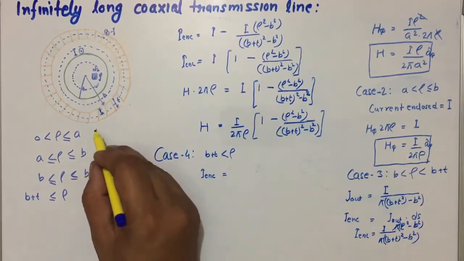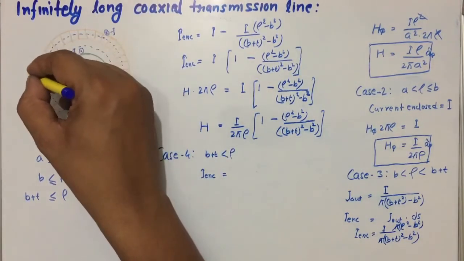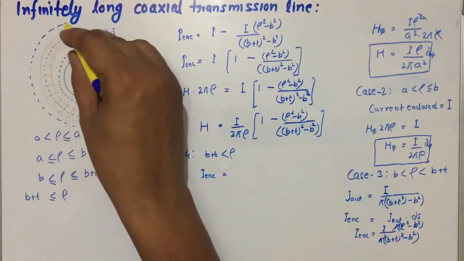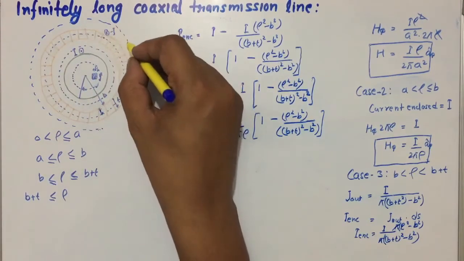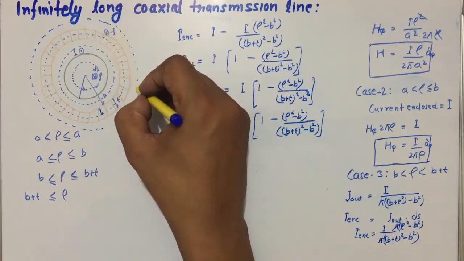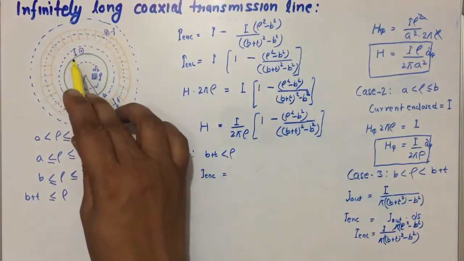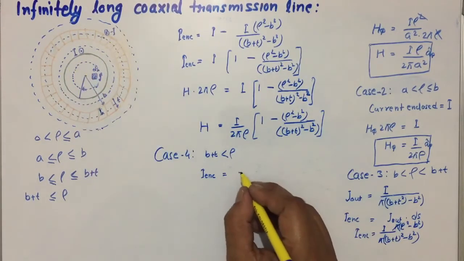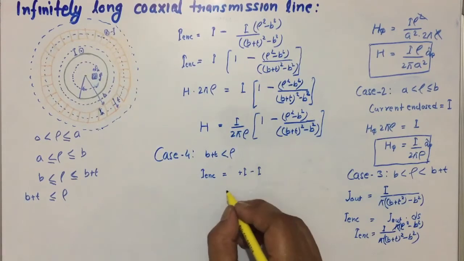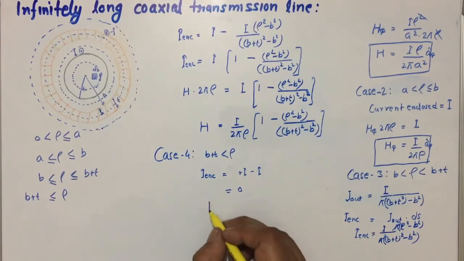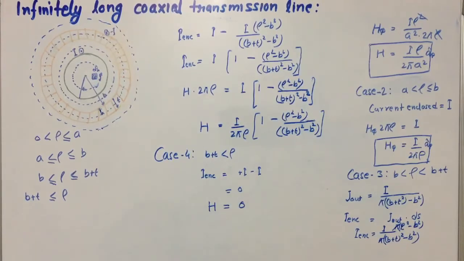So in that case, the first thing that is of interest is I enclosed. If the observer lies somewhere here, for example, this is the Amperian path for case 4, then the current enclosed by this will be plus I and minus I. So combining these two, the net current enclosed will be 0, and if the current enclosed is 0, then H will be 0, as the closed integral of H dot dl is equal to the current enclosed.